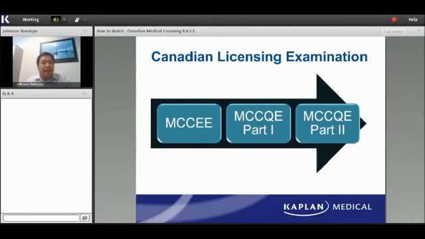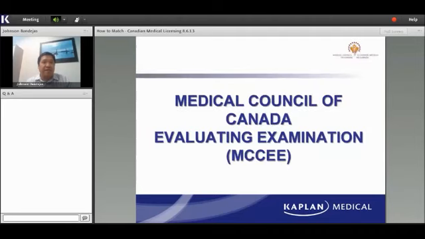An IMG, together with US osteopaths, is required to take the Medical Council Evaluating Examination, also known as the MCEE or EE. With the new ruling of the Medical Council of Canada regarding the MCEE, international medical students or US osteopathic students in their final 20 months of their program can take the examination.